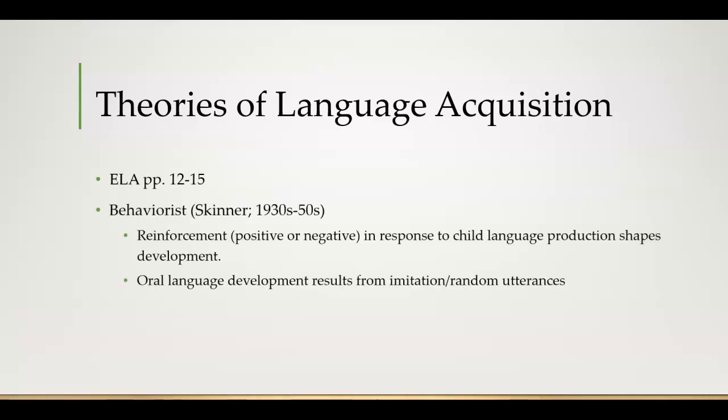Okay, the behaviorist theory emerged in the earlier 20th century, maybe at its peak post World War II in the 50s. The main idea here is that language is developed as a result of external reinforcement, be it positive or negative, in response to the language a child produces.